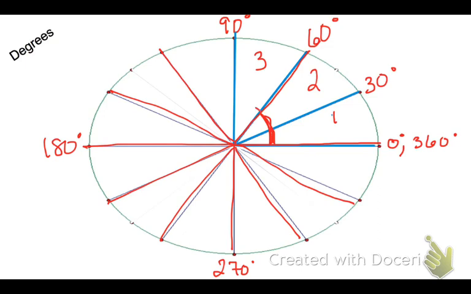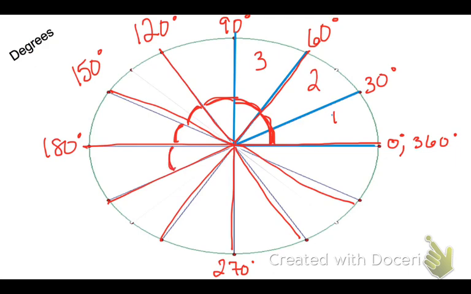So from 60 to 90 degrees is another 30 degrees. If I were to continue, I would need to add another 30 degrees to 90, making that 120. If I keep going, I'm going to add another 30 degrees to be 150. If I add another 30 degrees, that would be 180.